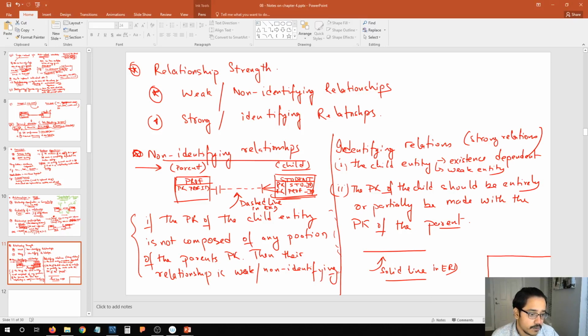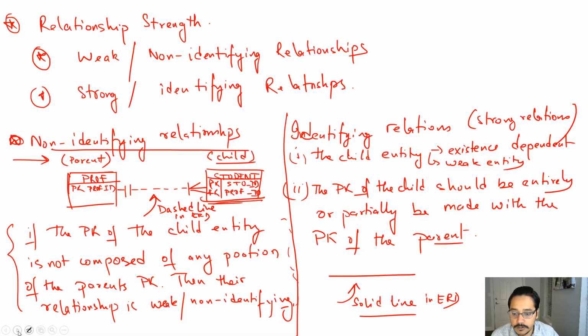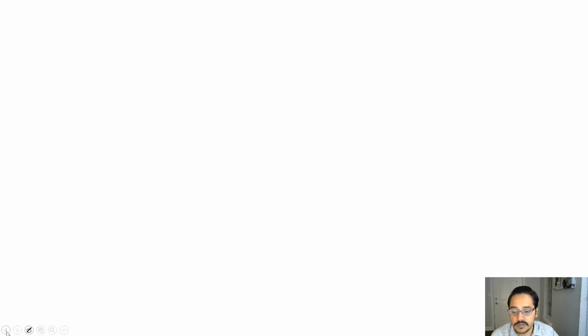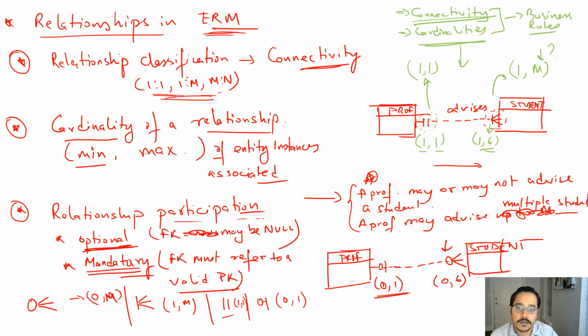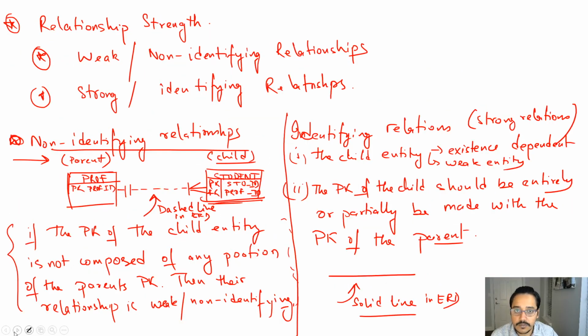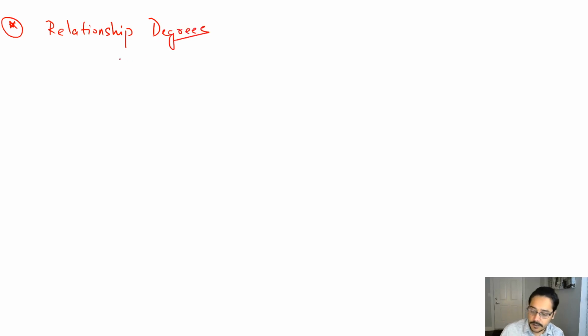All right, so moving on. We have done relationship strength, classification, cardinality, participation, relationship strength. Let's talk about relationship degrees. Okay, so in terms of relationship degrees, you can have three types.